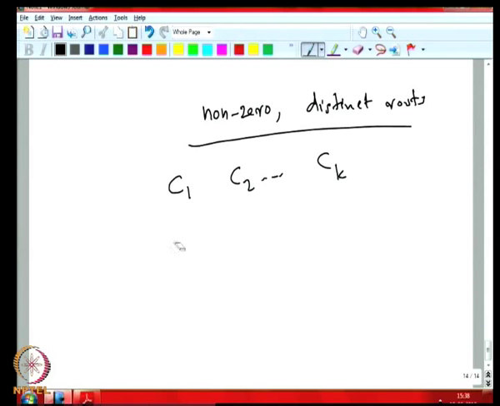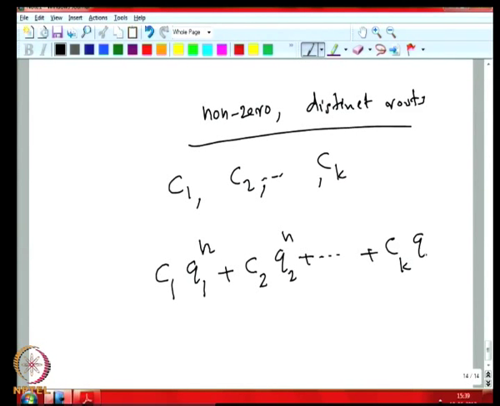Actually any constants will work, it does not matter which constants you select. And if you combine the solutions, C1 into Q1 raised to n plus C2 into Q2 raised to n plus up to Ck into Qk raised to n, then this will also be a solution.